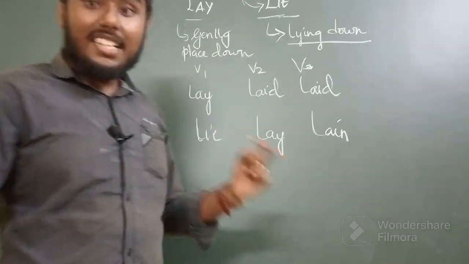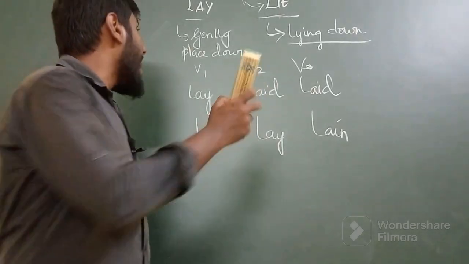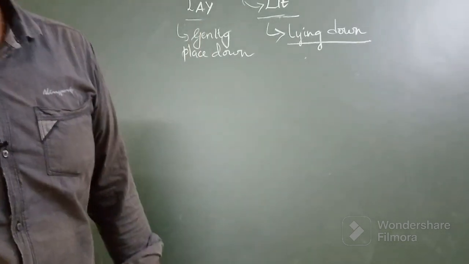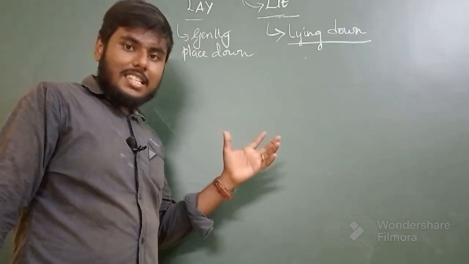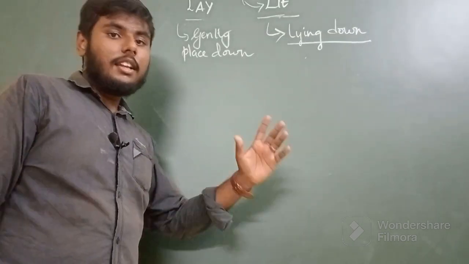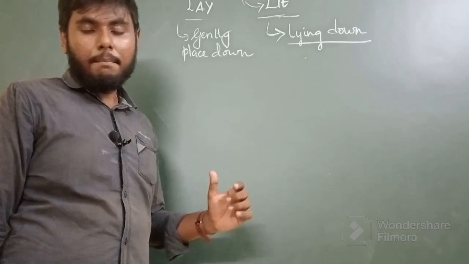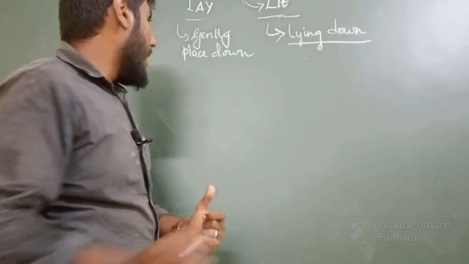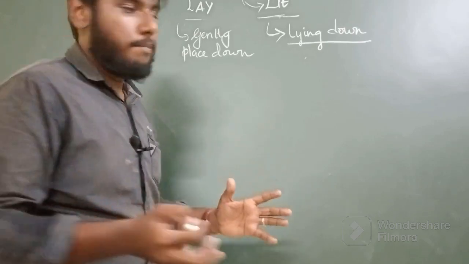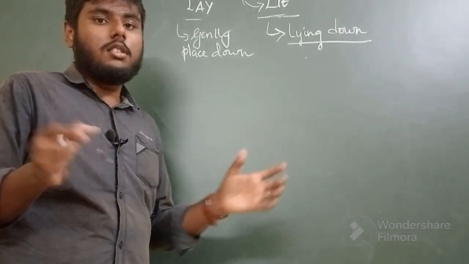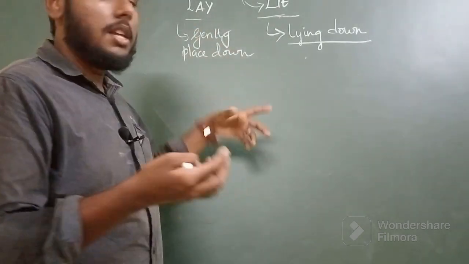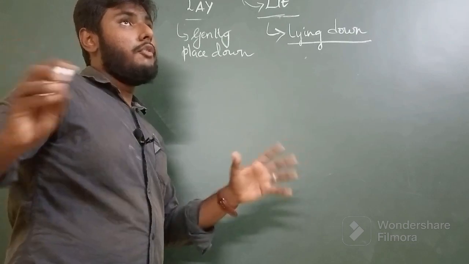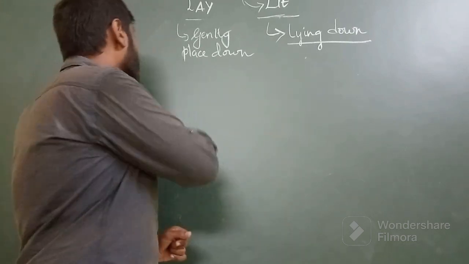Now, let us quickly have some examples for these verbs to understand their usages, or how to use them. You will get the answer to the question of how to use these verbs through these examples. Let me give you four examples, two each.